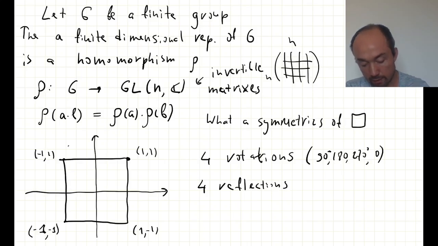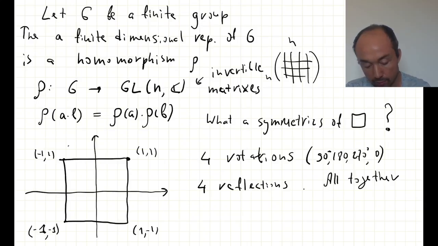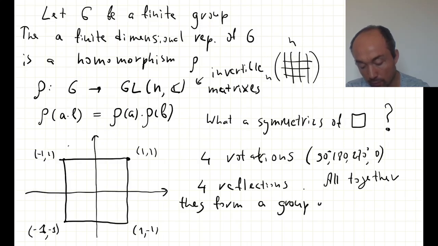So here was our question: what are the symmetries? And we see that we have 4 rotations and 4 reflections, and altogether they form a group of 8 elements.